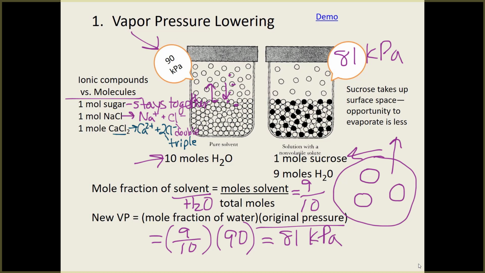Our sugar will stay together and it's like it's still just one piece. But all your ionic compounds will split and form ions, positive ions and negative ions, and they're all particles that can be counted to lower the vapor pressure because they take up room on the surface, so there's less of a chance for water escaping.